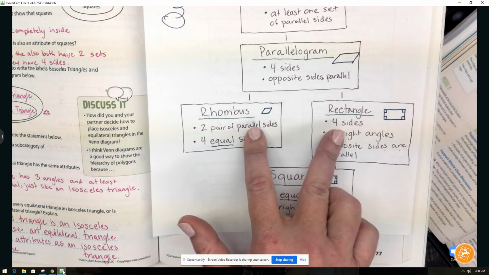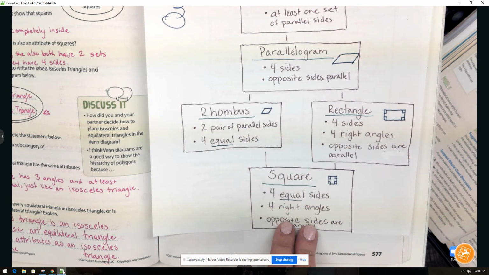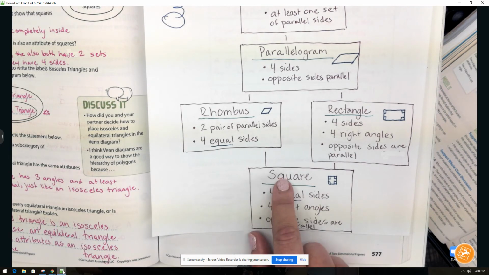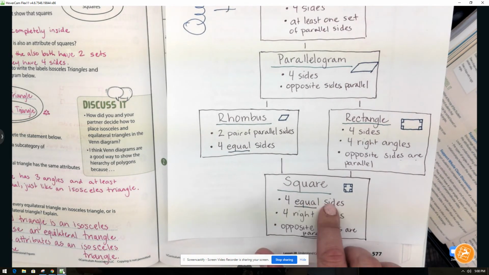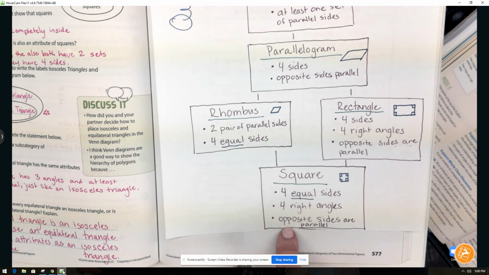But then a rhombus and a rectangle, when you put them together, they become a square, because a square has 4 equal sides, which both rhombus and rectangle have. A square has opposite sides that are parallel, which both shapes have.